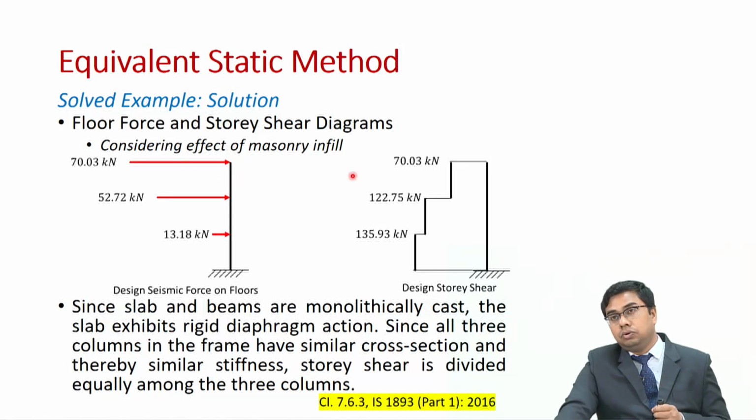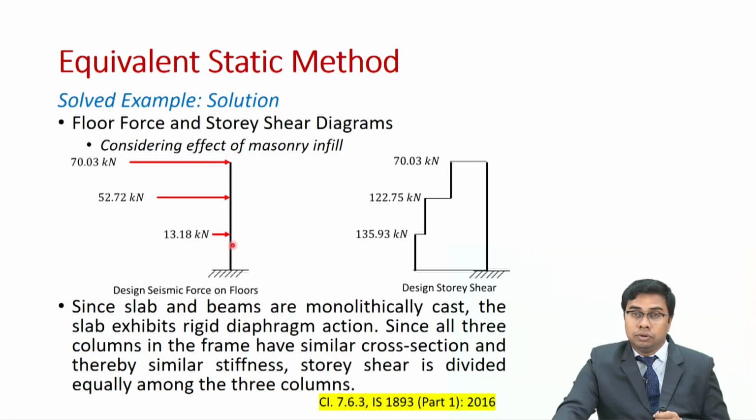For example, the story shear in the top story shall be equal to 70.03 kilonewton, because then only there will be force equilibrium. For the second floor, it shall be 70.03 plus 52.72 kilonewton, which is 122.75 kilonewton, and then for finding the story shear in the ground floor, you end up adding 13.18 kilonewton load as well.